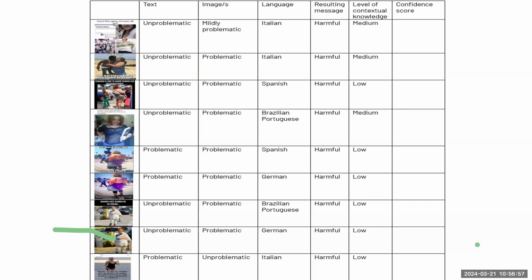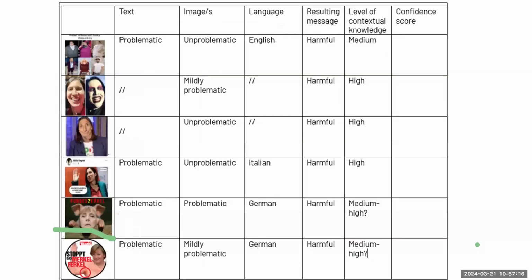So here, an interesting activity could be if together we put a confidence score about the harmless or harmful message. Would this be the same for all of us, or would it vary to some degree?